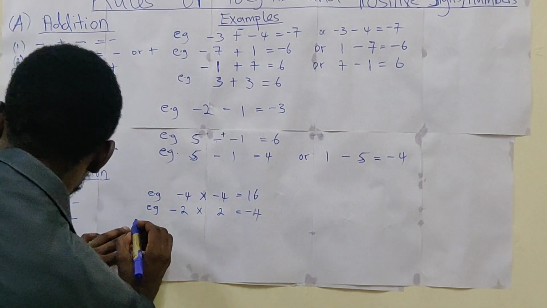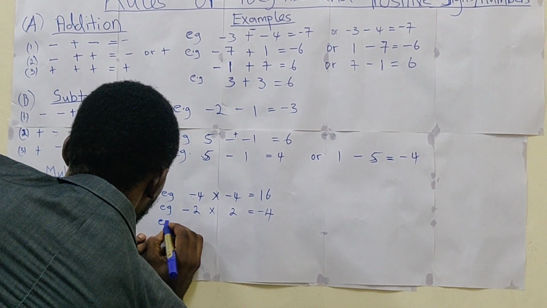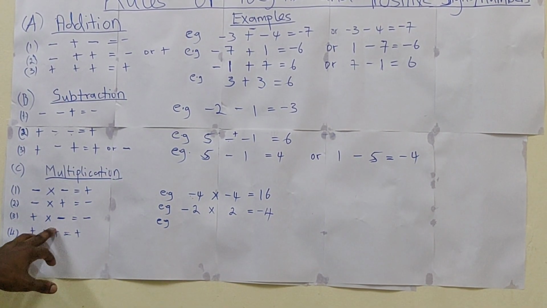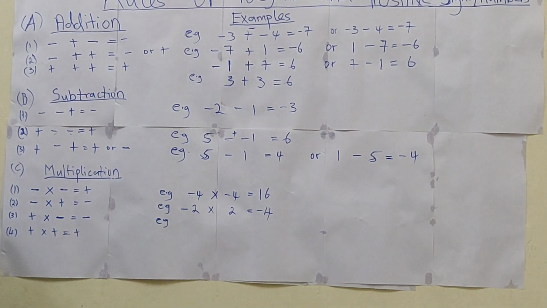The next possible way, we have, for instance, positive times negative is negative. Let's just use these same numbers to facilitate the work.